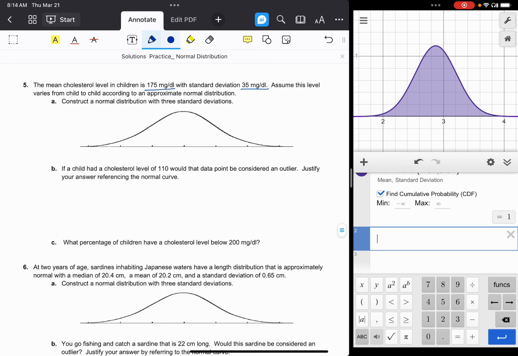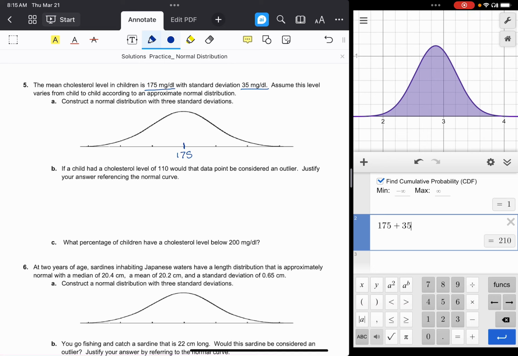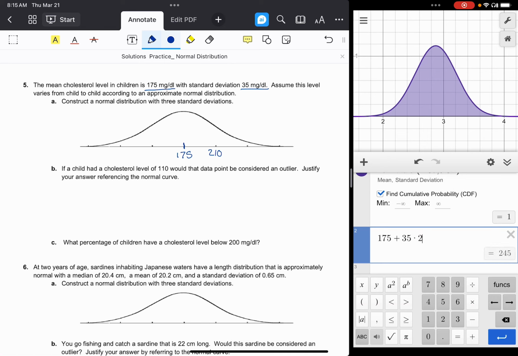We stick our mean right in the middle, 175. And then I'm going to add and subtract our standard deviation. So plus 35 gives me 210. We're going to add another 35 to get 245, and then a final 35 to get 280.